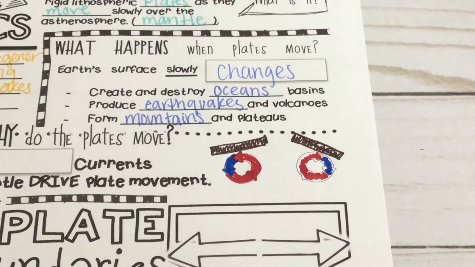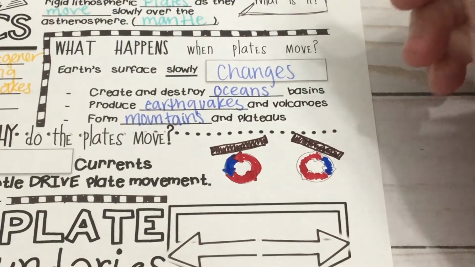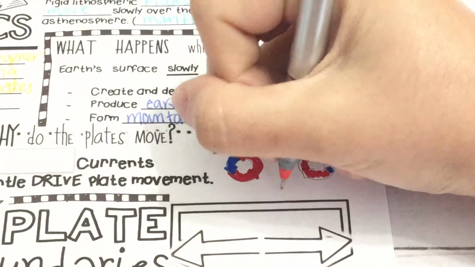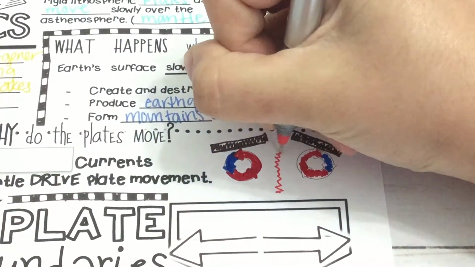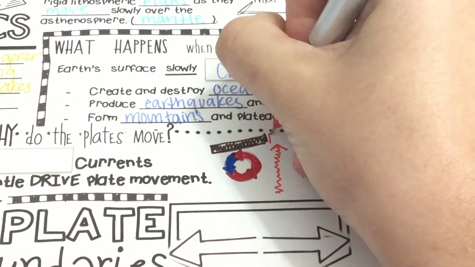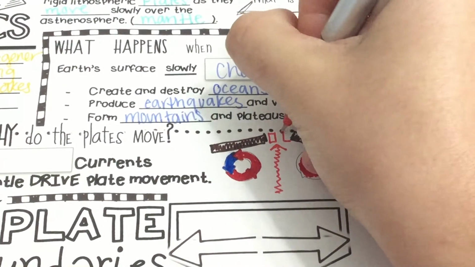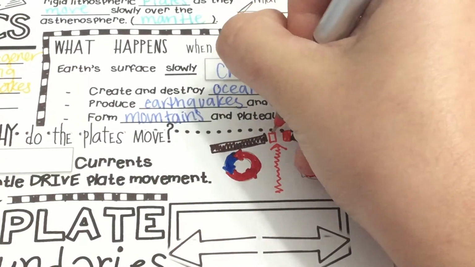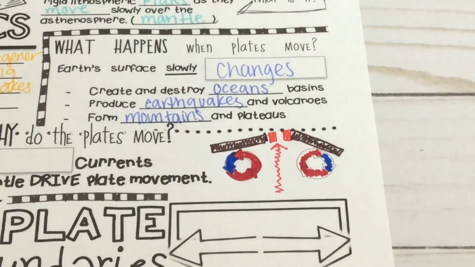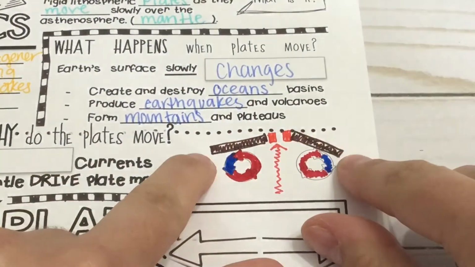Okay? So in here, what is happening is new magma is rising up to create more rock, more crust, as the plates are spreading apart.